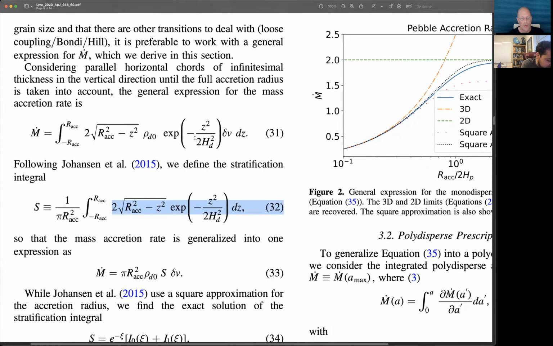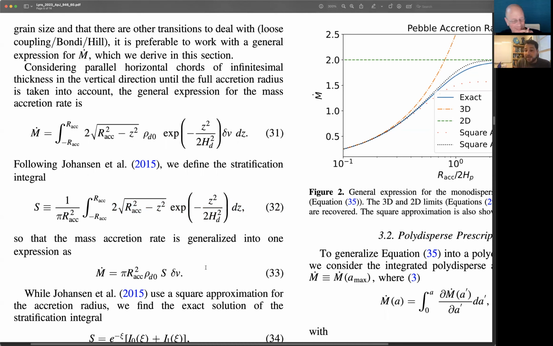Essentially, the difference between equations 31 and 33 is that we defined this function S, which is the stratification integral. It looks like a problem that you would do in basic calculus: find what this integral is.